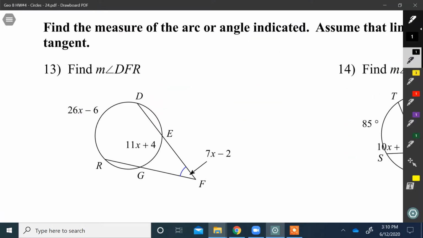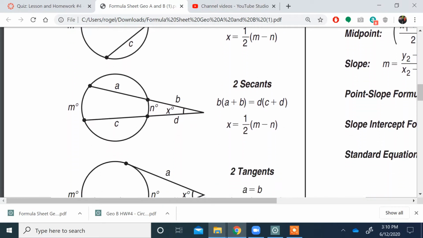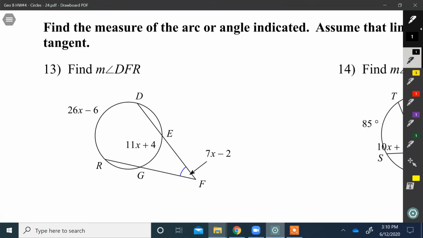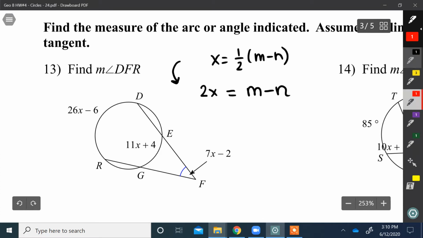It seems that we have two secants. So we're gonna use this formula here, two secants. And the formula is the following. X is equal to half of m minus n. I'm going to rewrite the formula because I do feel it's a little bit easier if I just write 2x is equal to m minus n. Okay?